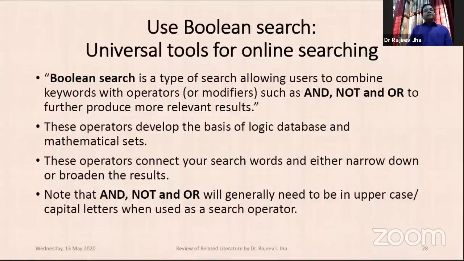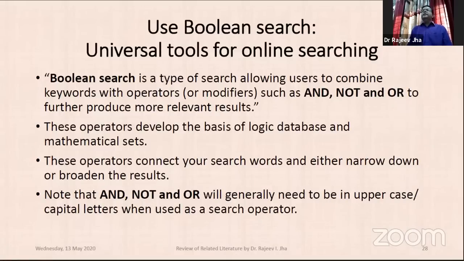So you must have noticed that I have used Boolean search, a universal tool for online searching, and the Boolean search term was AND. When I used the word AND, it showed me results which had both weapon possession as well as high school students in the study. So Boolean search is a type of search allowing users to combine keywords with operators or modifiers such as AND, NOT, and OR to produce more relevant results.